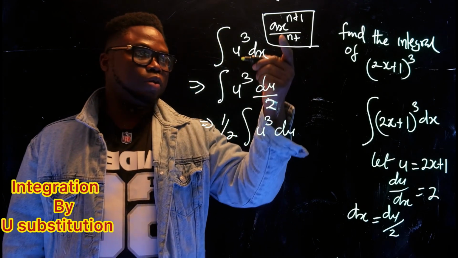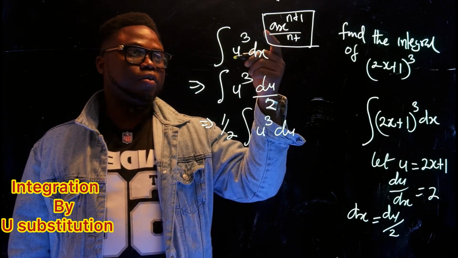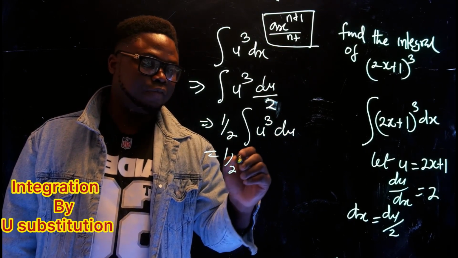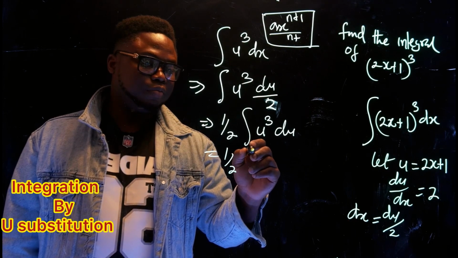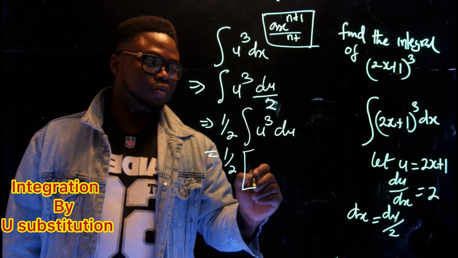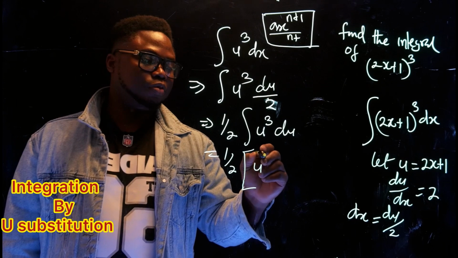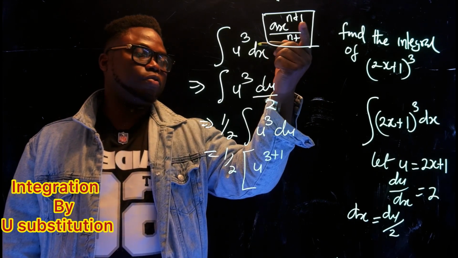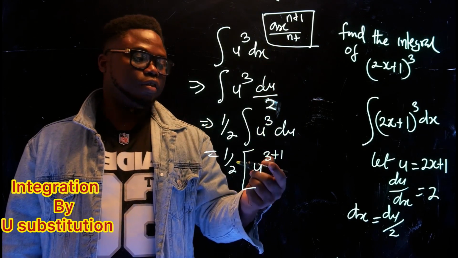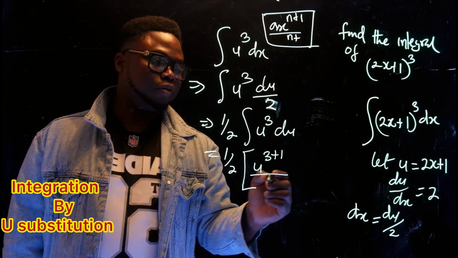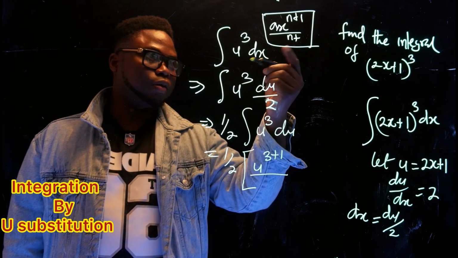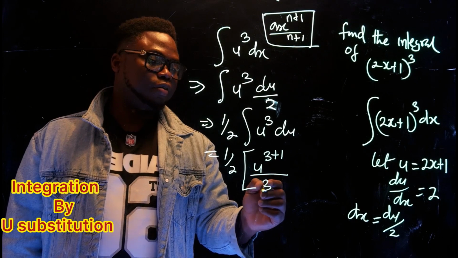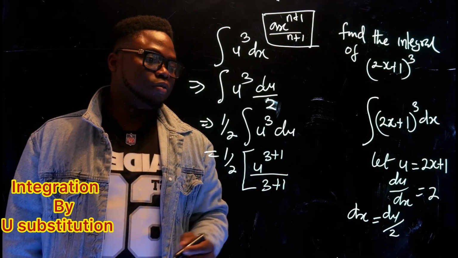So I will now write u raised to the power of 3 plus 1. So integrating this, I'm going to have half, then brackets, then u raised to the power of 3 plus 1. This is n plus 1. So 3 is n, 3 plus 1, divided by n plus 1, so divided by 3 plus 1.